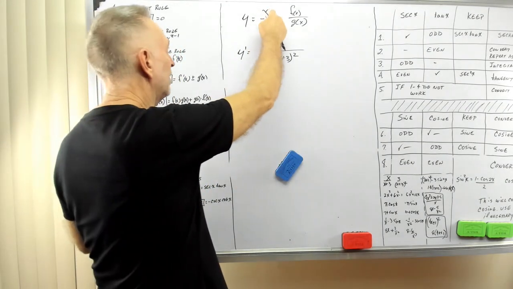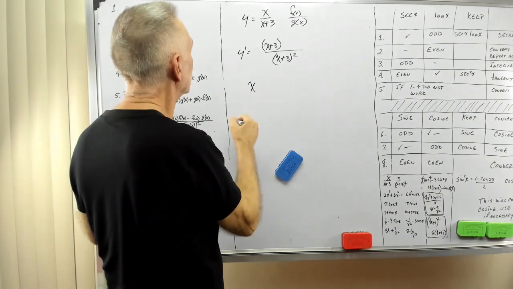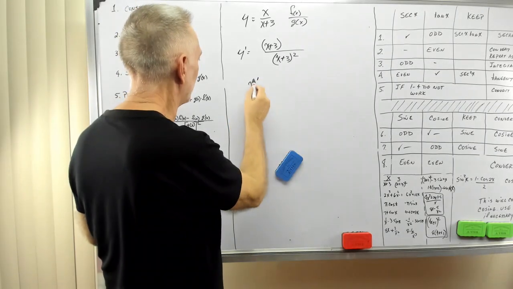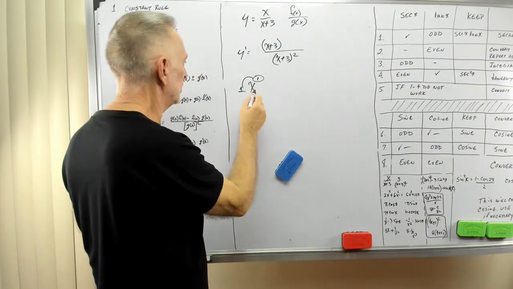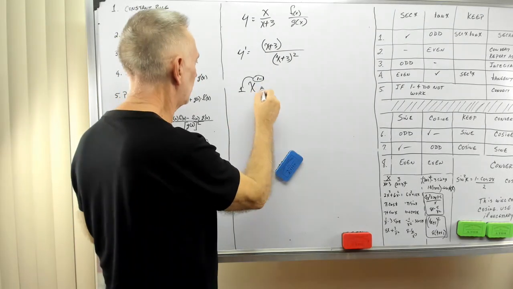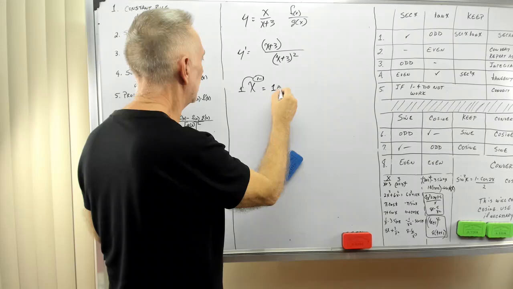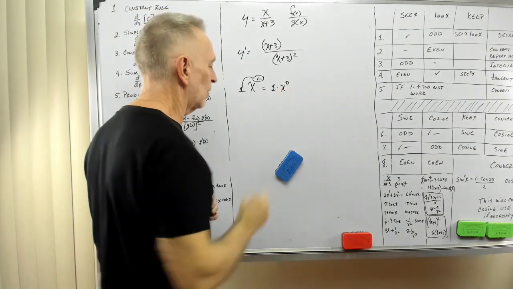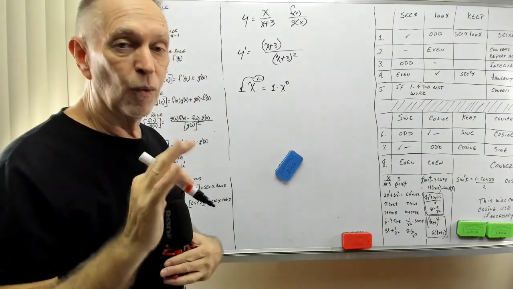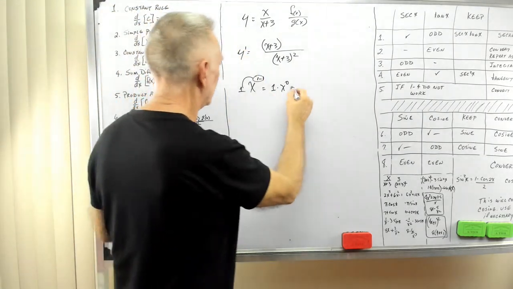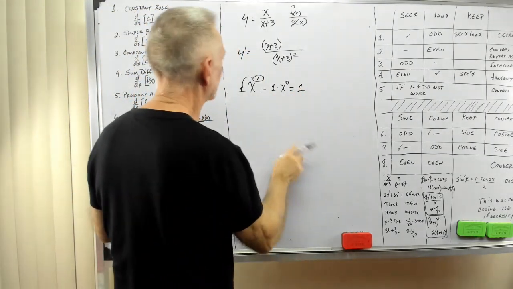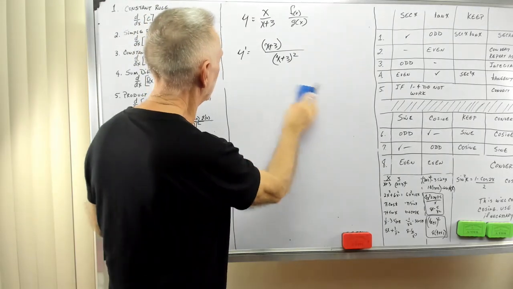So what do I have here? I have x to the first power. I'm going to take that first power and bring it here. 1 times x to the 1 minus 1, which is 1 times x to the 0. What's any number raised to the 0 power? 1. So the simple answer to this is just 1.